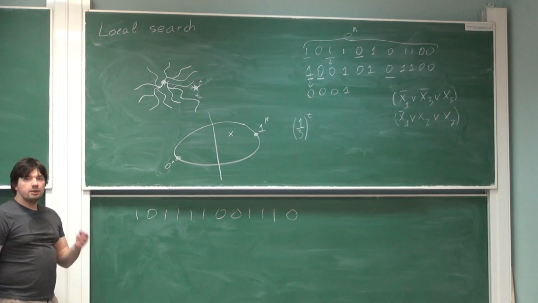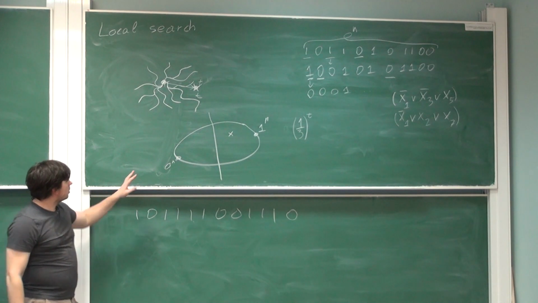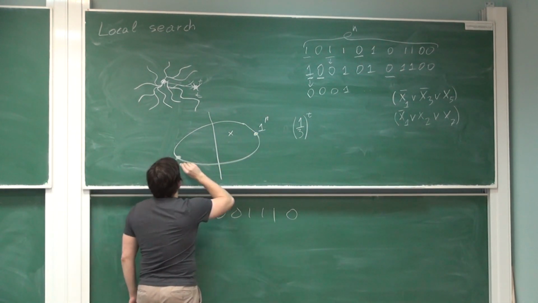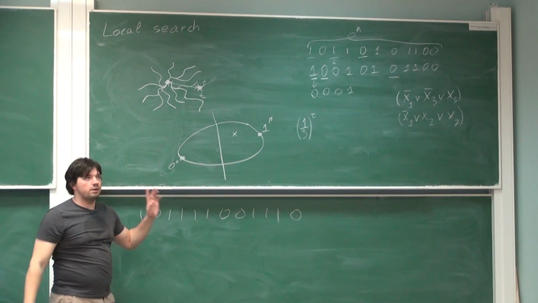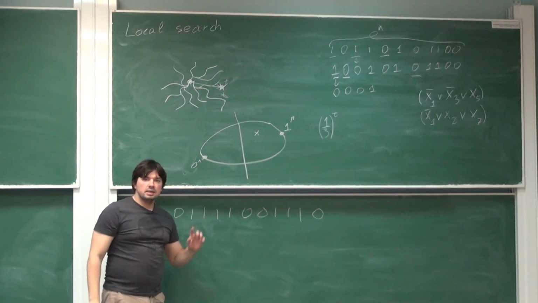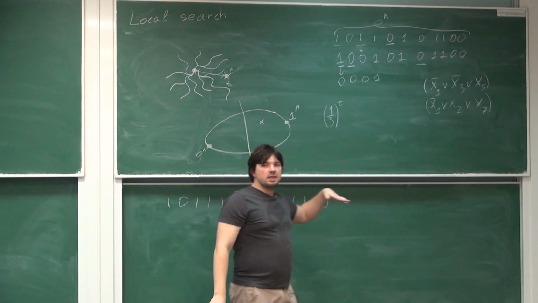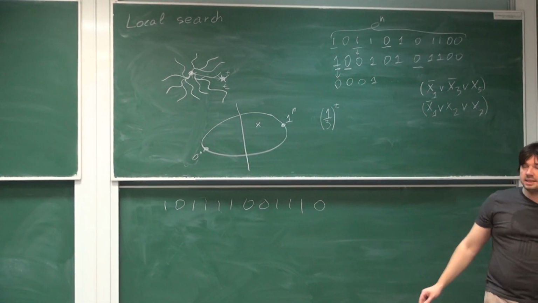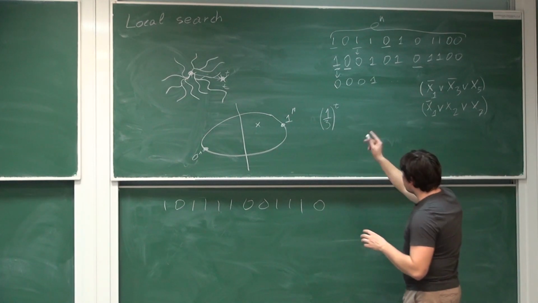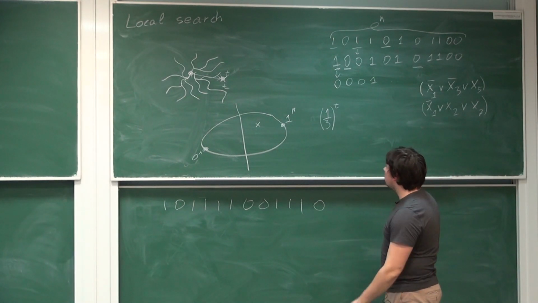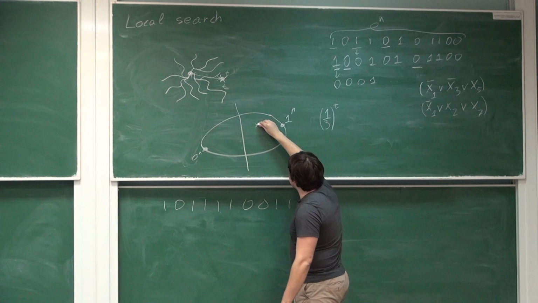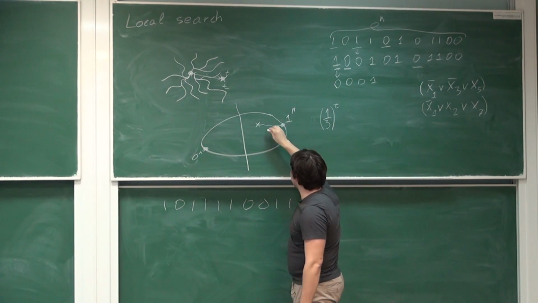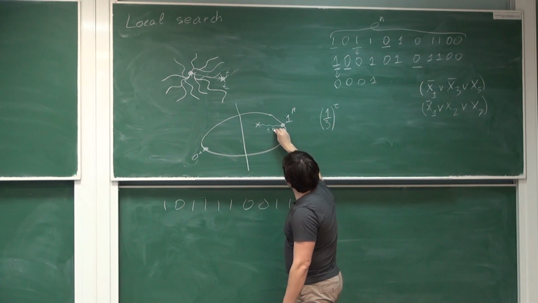So what we'll do, we'll use these all zeros and all ones as my starting assignments for the local search. I'll start with one of them, and then I know that the distance from here to here is at most n over 2.